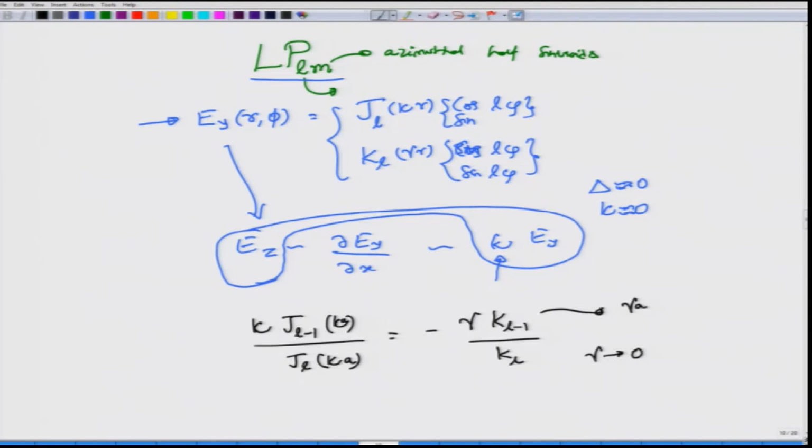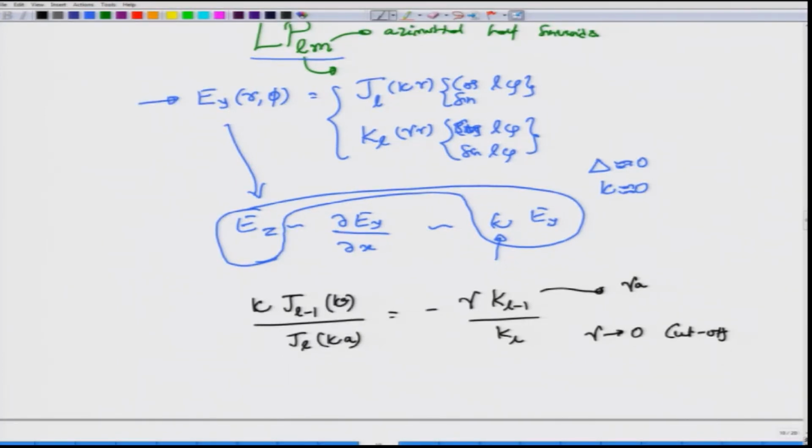Okay. When you set gamma to infinity, you are far away from the cutoff, but when you set gamma to 0 or gamma tending to 0, you are near the cutoff, and you can actually show that the solutions of this characteristic equation will lie between zeros of JL minus 1 and JL. Okay. So, with an argument x, where x will be equal to kappa A.